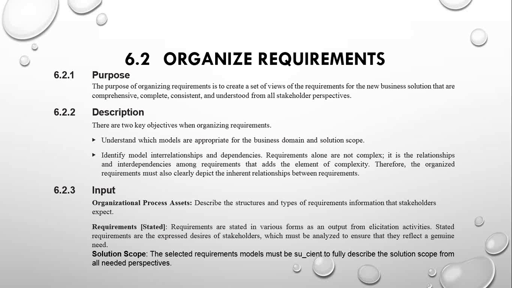Then we have the solution scope. Solution scope is all about what is being expected from the future scope perspective. So the selected requirement model must be sufficient to fully describe the solution scope from all needed perspectives. What exactly does that mean? It means all the items which are needed, we must understand about the solution scope and list down all of that as part of it.